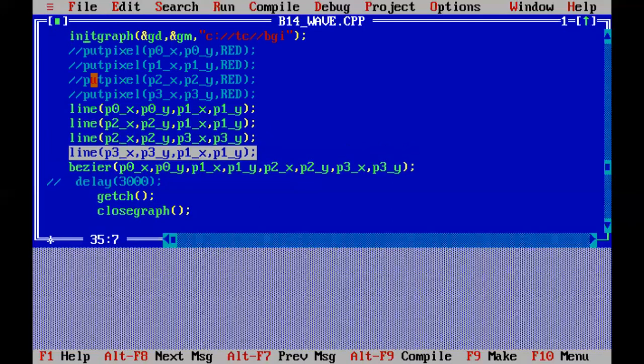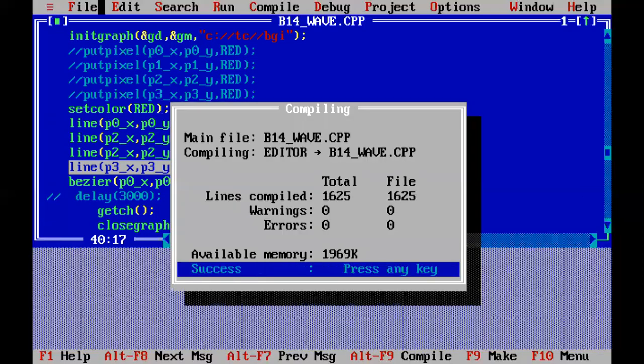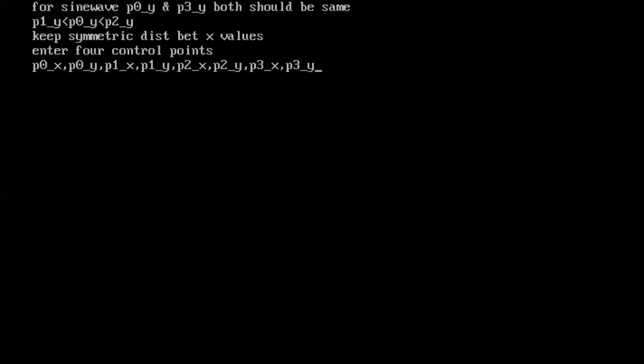Here we'll just change the color, set color. So F2, Alt F9 and Control F9.